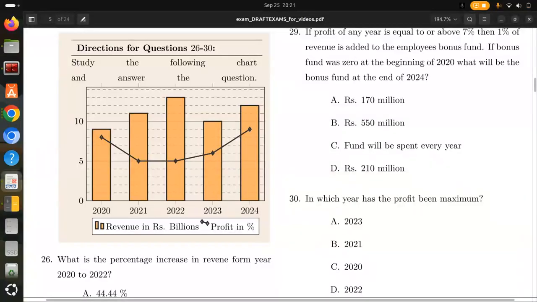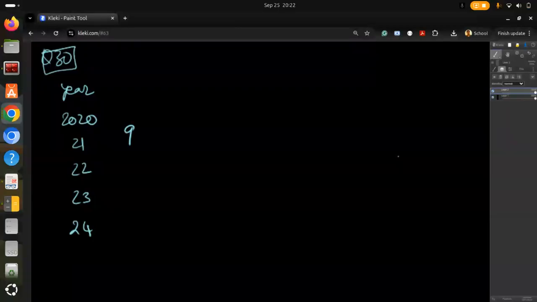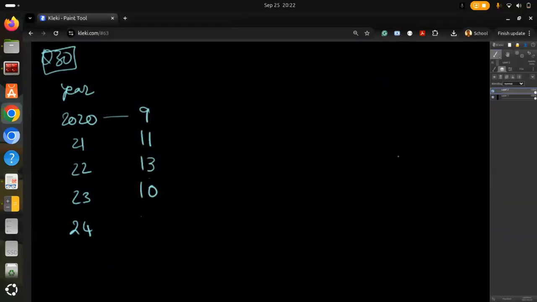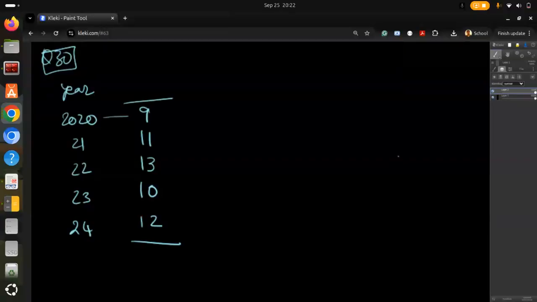First, let me do the bar chart. So it is 9, 11, 13, 10, and 12. This is my revenue in rupees billion, BN.